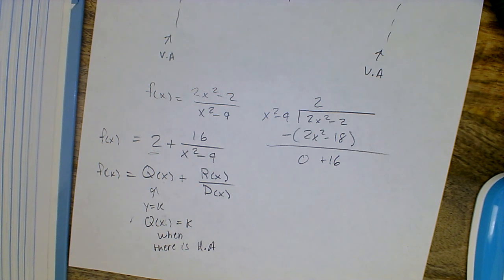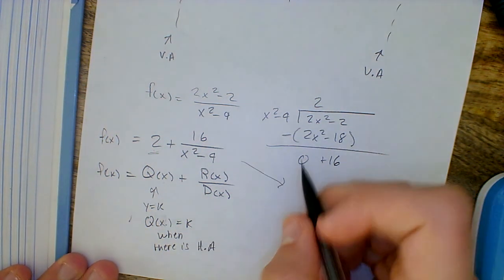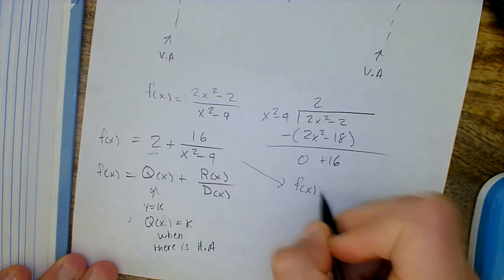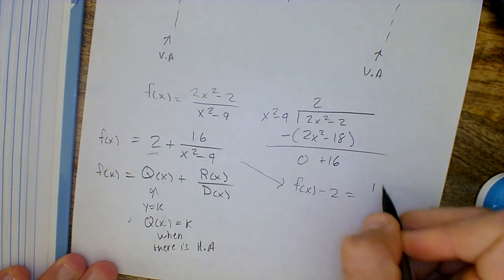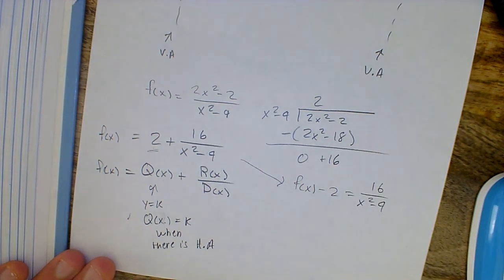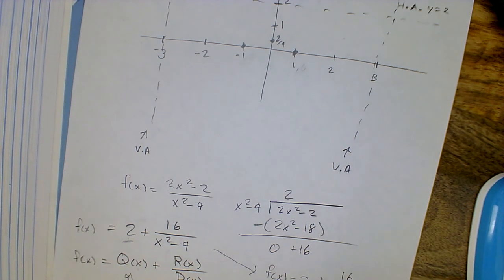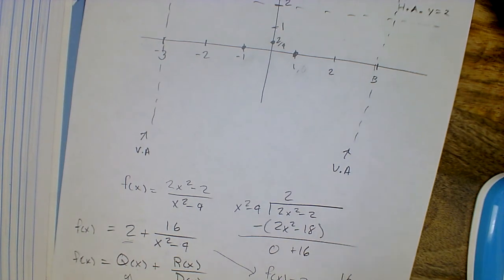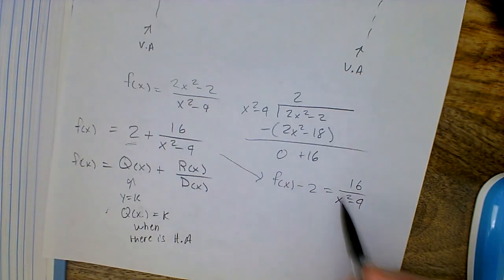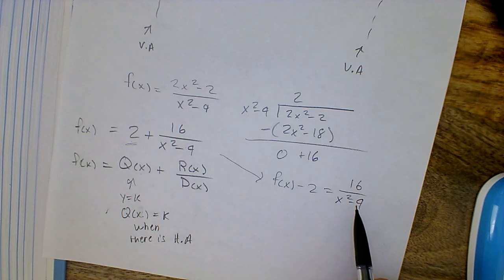Okay, so in this case, we see that if we were to rewrite this function as f of x minus 2 is equal to 16 over x squared minus 9, then this is saying our function value minus the horizontal asymptote is equal to this function right here.